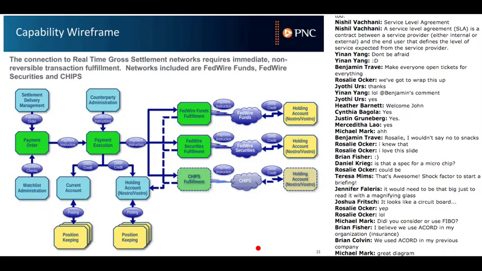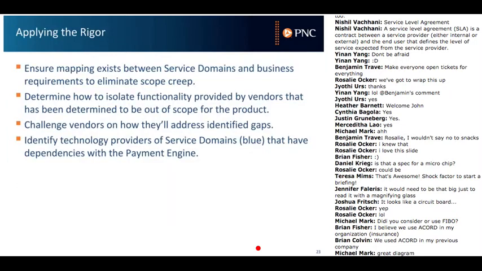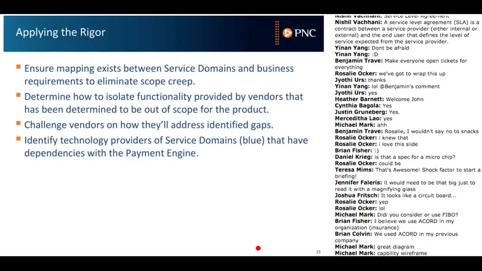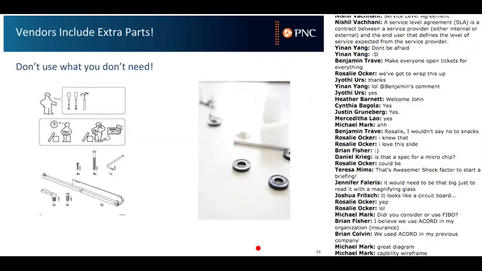But once you put them in something like this wireframe, it suddenly makes sense to them. It helps them focus and see the context to which they're looking at. So with that, as I described, we applied the rigor, and it helped keep everyone focused on what they needed to look at versus what to not be distracted with.